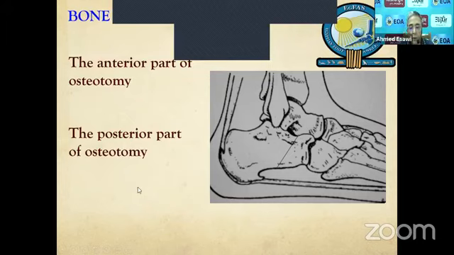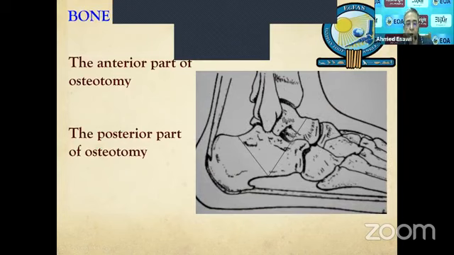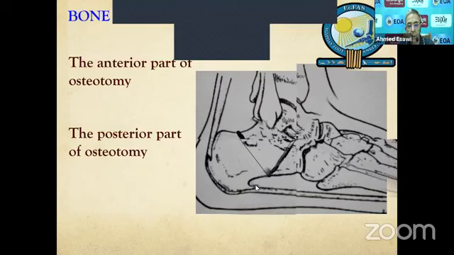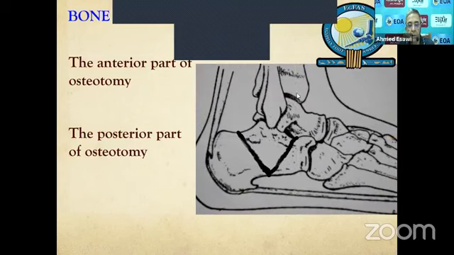The posterior part of the osteotomy usually begins from the center of the superior part and extends to the center of the middle part here, and the osteotomy does not reach the neck of the talus.